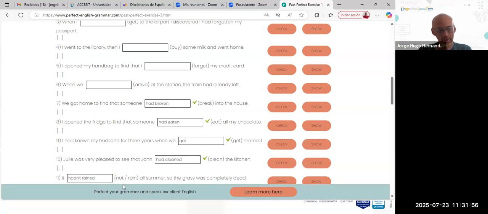And there is another thing. In this type of exercises, if we use another symbol, not the correct construction, maybe it's going to be wrong. Let me see. I'm going to change the contraction to see that.